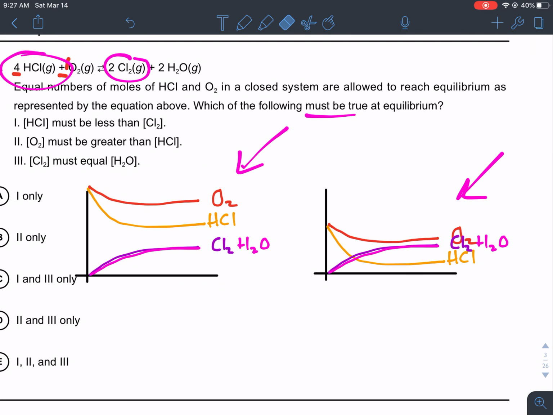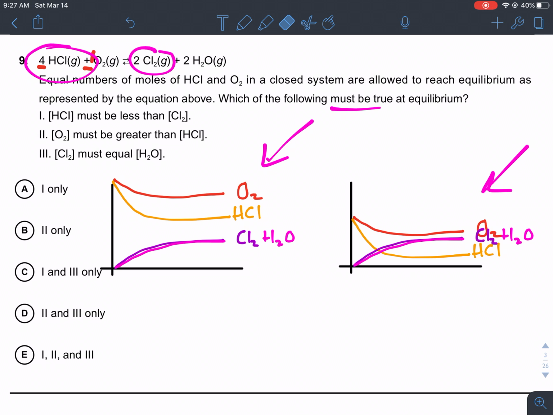You don't know the K. O2 must be greater than HCl. Well, yeah, O2 must be greater than HCl because we started with equal numbers of moles, and O2 is only going to go down by 1 when HCl goes down by 4. So, yes, O2 must be greater than HCl. So, right now, I know the answer can't be A or C.